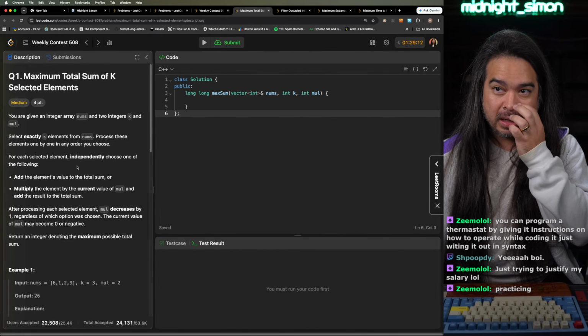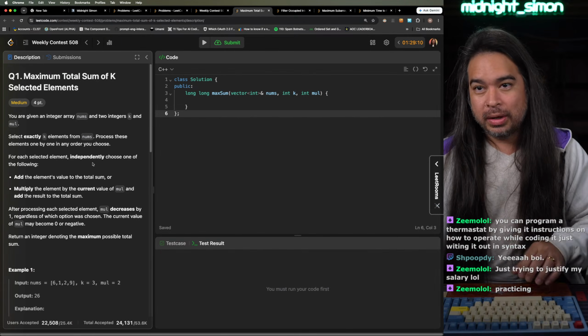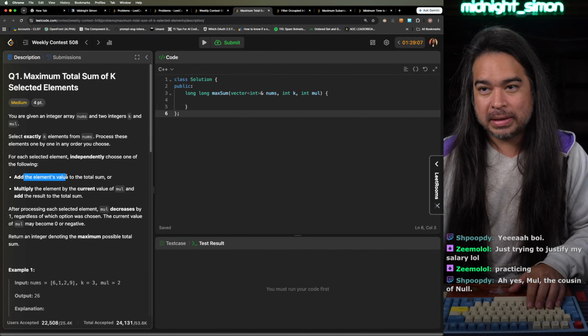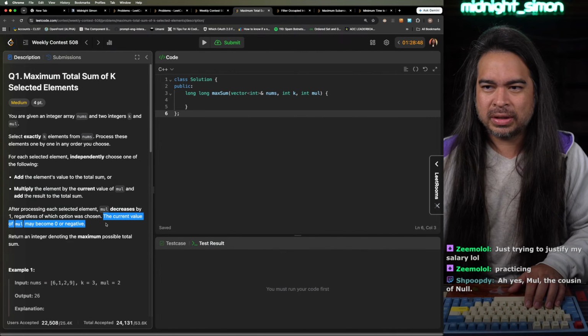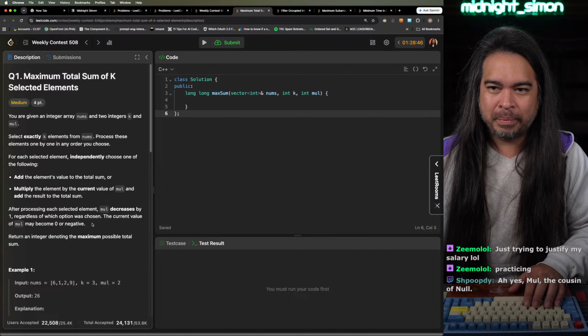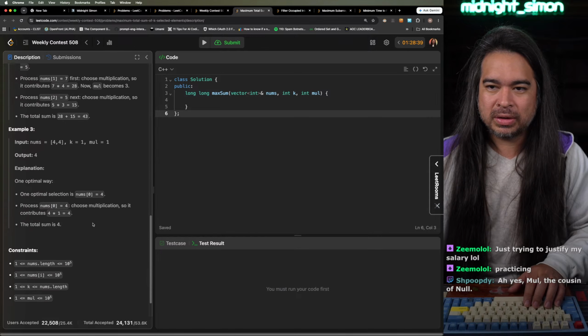For each selected element, independently choose one of the following: add the element's value to the total sum, or multiply the element by the current value of mul and add the result to the total sum. After processing each selected element, mul decreases by 1, regardless of which operation was chosen. The current value of mul may become 0 or negative. Return an integer denoting the maximum possible total sum.